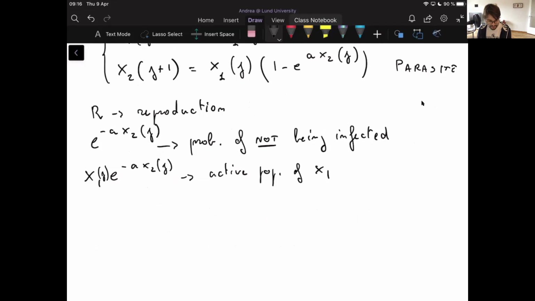But this was working only at the very beginning of this parasite-host dynamic. And this was attributed to the fact that, of course, these equations do not take into account the effect of the environment. So if you have a perfect environment with an infinite amount of resources, then the host can continue to multiply exponentially. But we've seen in the first lecture that this is not the case for most realistic systems.